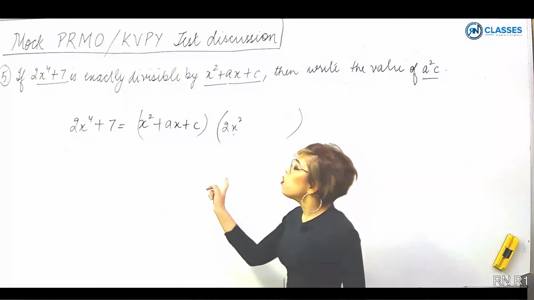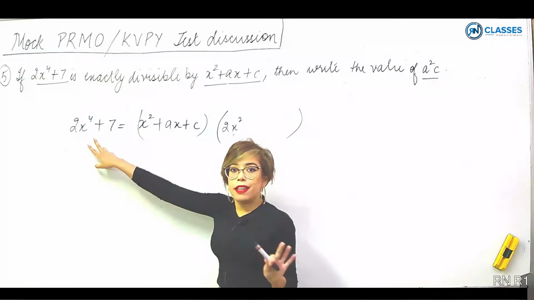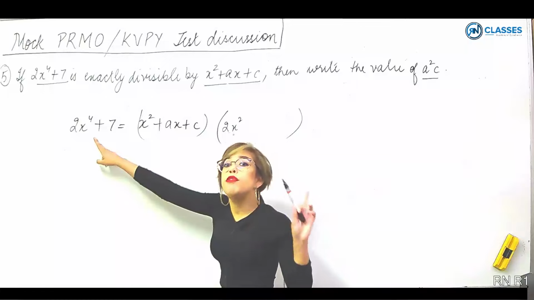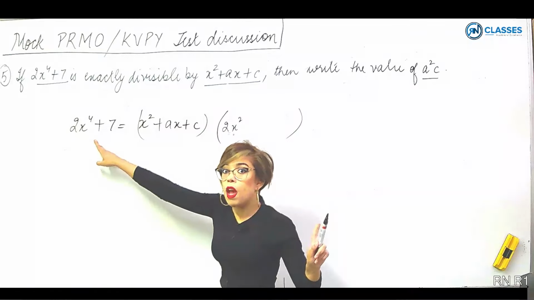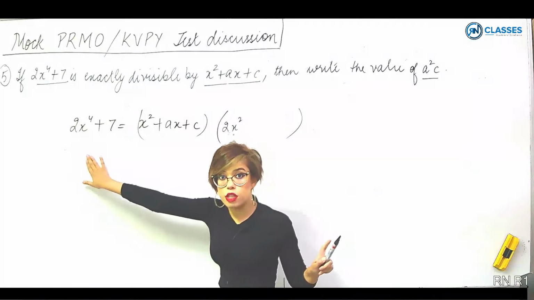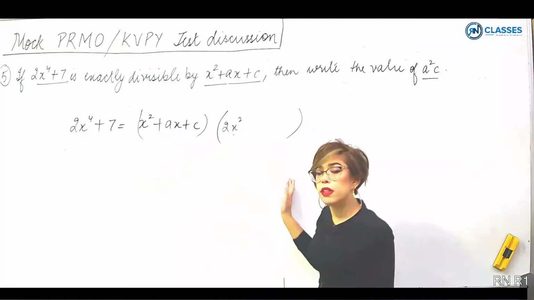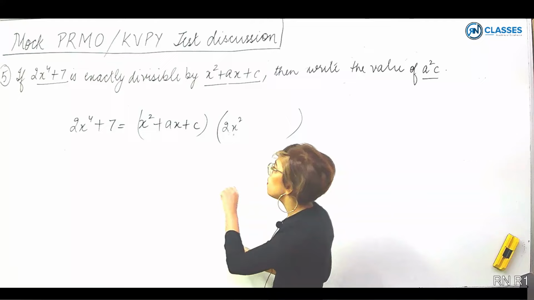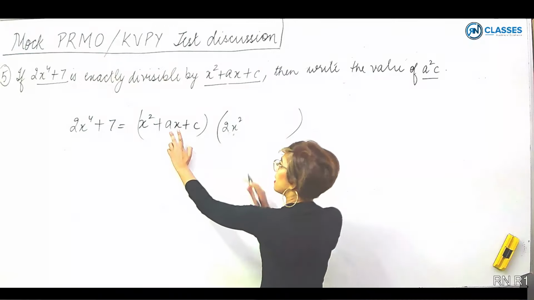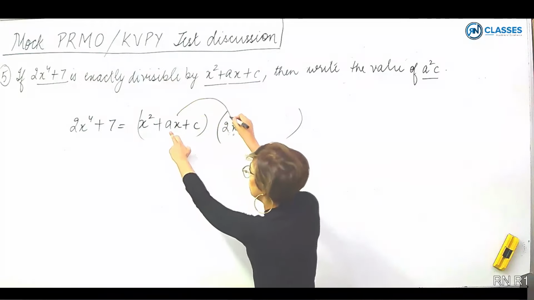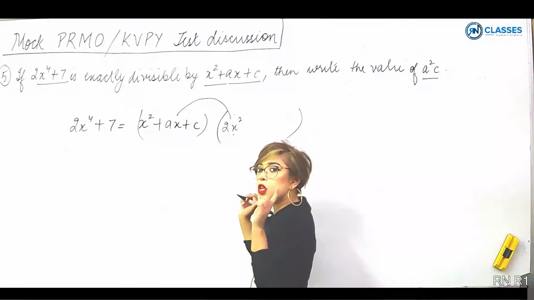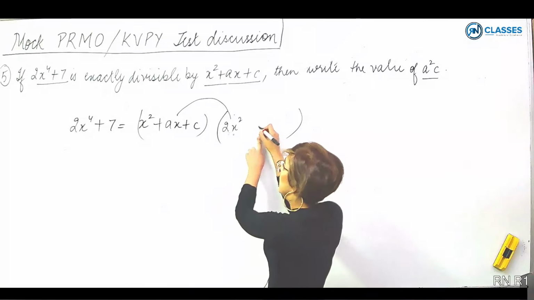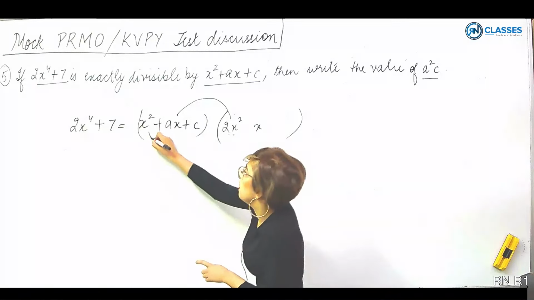Also, on the left hand side, I cannot see an x cube term. That means the coefficient of x cube has to be 0, and so it has to be on the right hand side. Now, from where will I get the x cube term? First, if I multiply this x and this x square term. Also, I will get an x cube term from this linear term and this one.